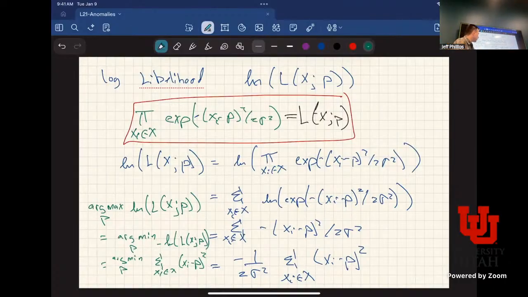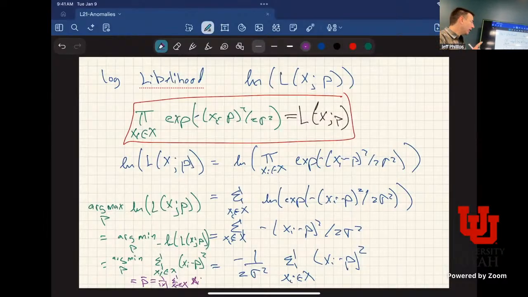So I dropped the coefficient here and the minus sign by turning the max to a min. And the point that minimizes the sum of the squared distances is going to be equal to P bar equals 1 over the size of X times the sum of xi, right? Is just the average, right? So if I take the average, this is the maximum likelihood estimate of this model. Okay.